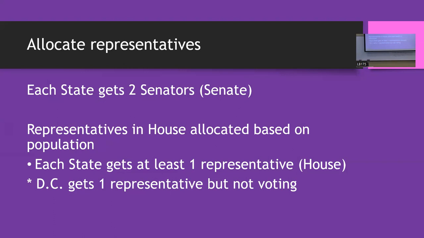So that's what that apportionment stuff was all about. Although the apportionment method that the House uses is a little bit more complex than Hamilton's method or Jefferson's method or Webster's or Adams's method.